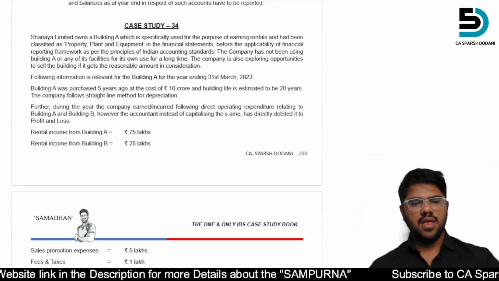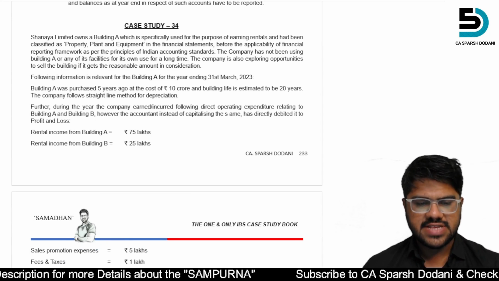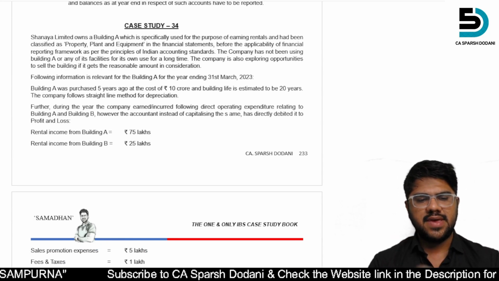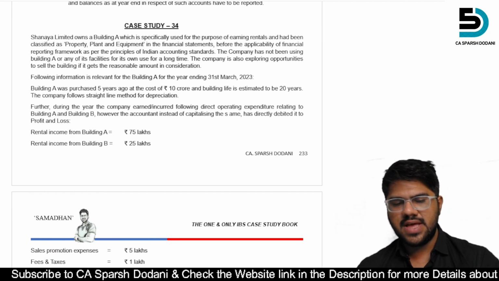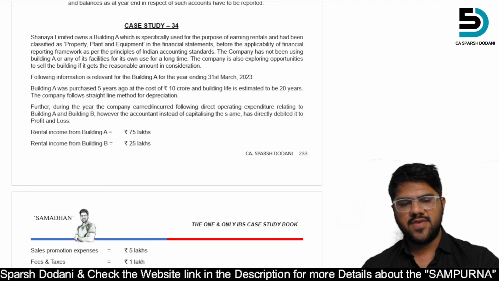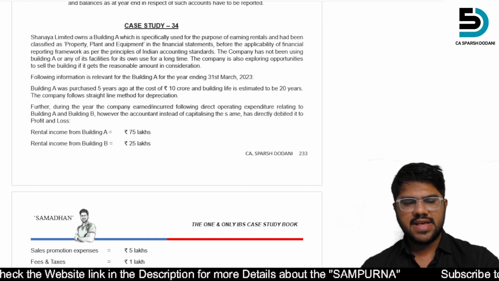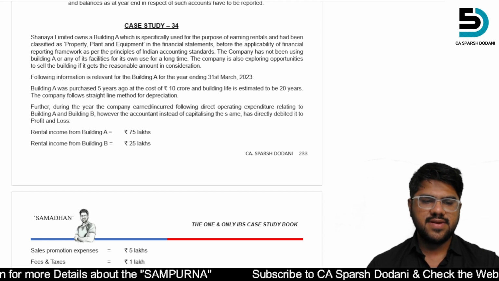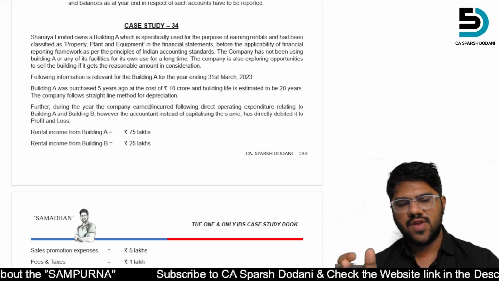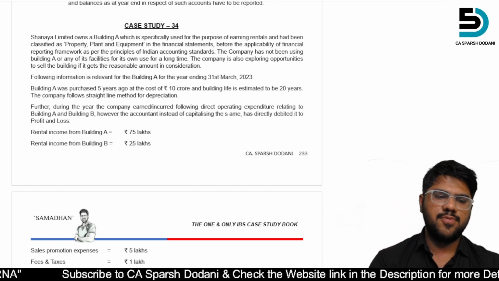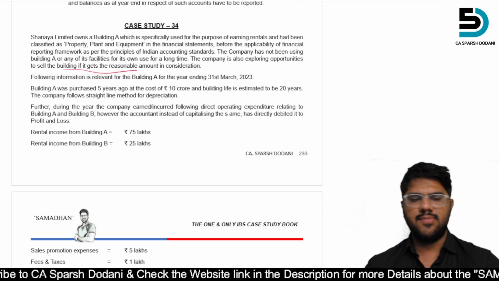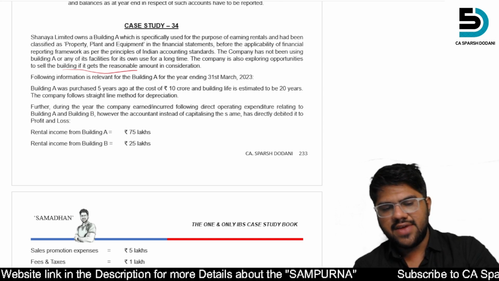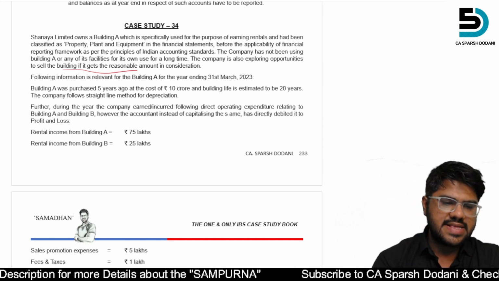Yes. Shanaya Limited owns a building A which is specifically used for the purpose of earning rental and classified as PPE in the financial statements. Before the applicability of Ind AS, the company has not been using building A or any of its facilities for its own use for a long time. The company is also exploring the opportunity to sell the building if it gets a reasonable amount in consideration. The following information is relevant for building A for the year ending 31st March 2023.